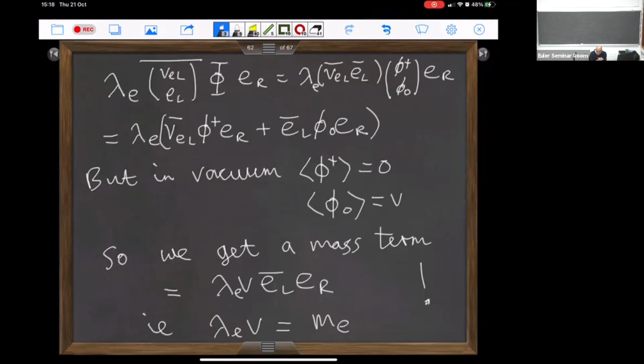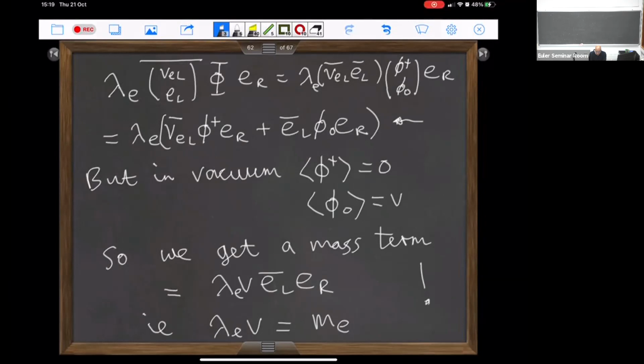Now, if you write this out in more detail, if I take that particular coupling and you work out all the components, you get these two terms.